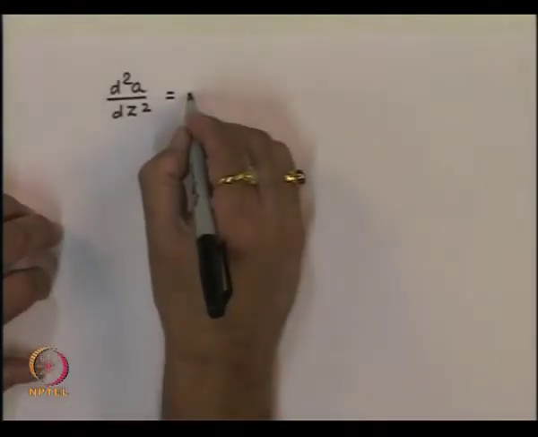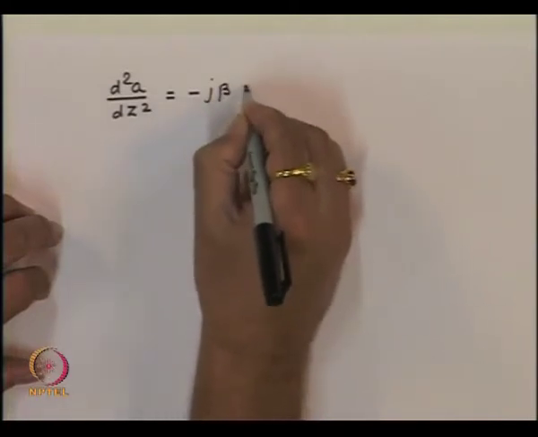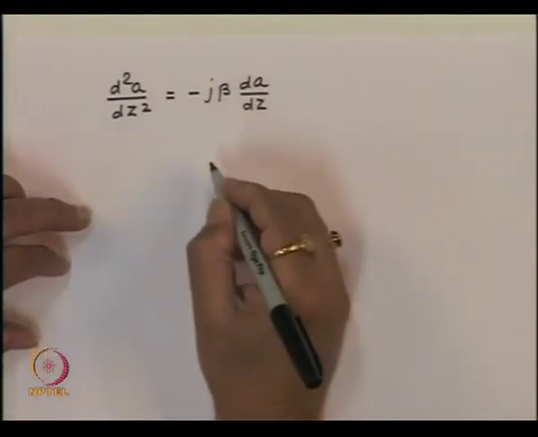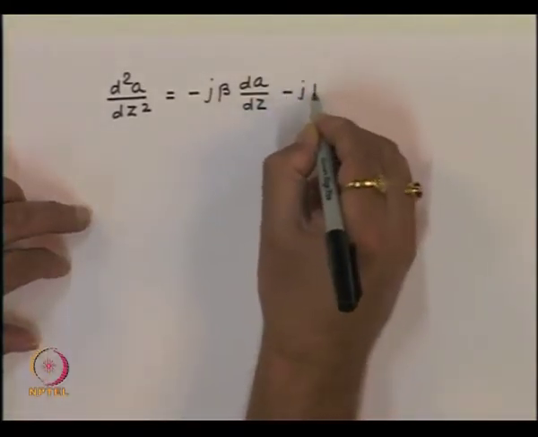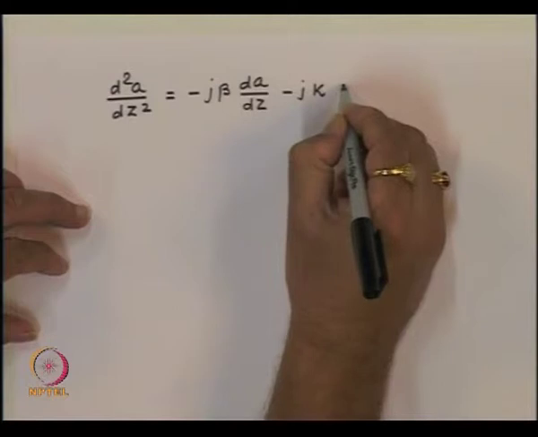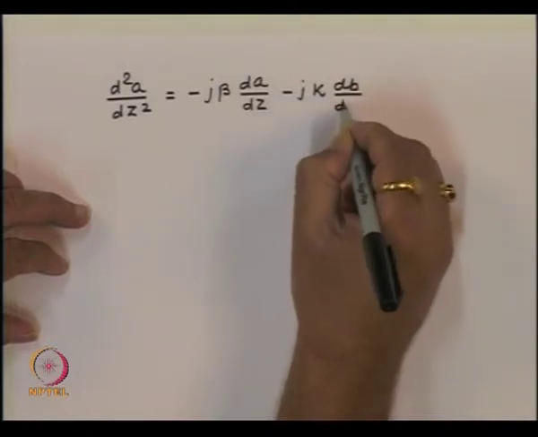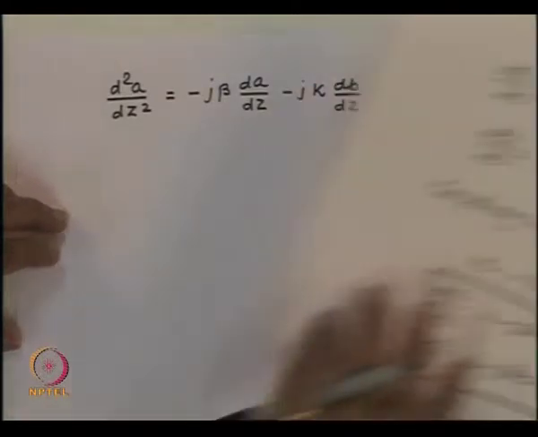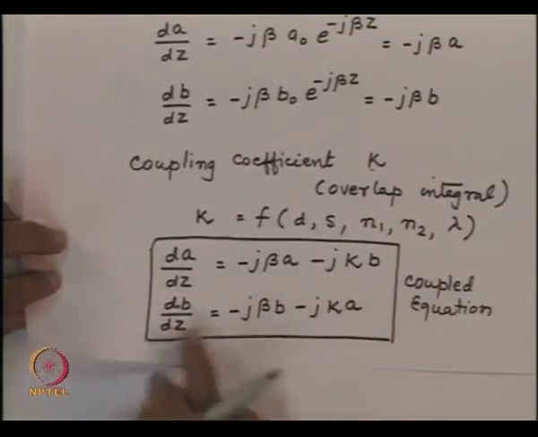So we get here minus j beta dA by dz minus j k dB by dz. We can substitute for dB by dz from this equation.